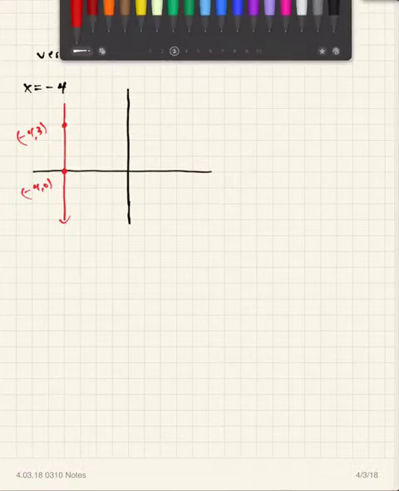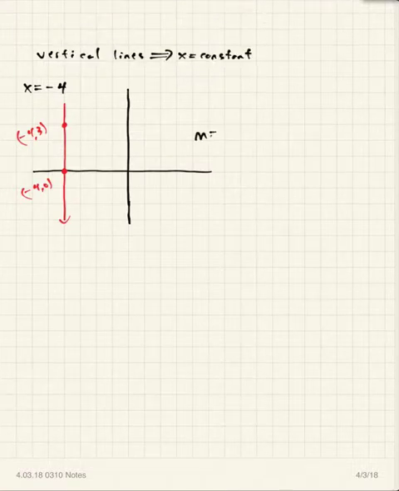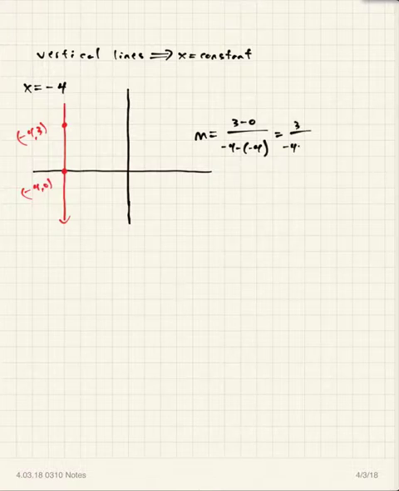So if I use the slope formula here, you get y2 minus y1, so that would be 3 minus 0 over x2 minus x1, so this is -4 minus -4. So in the numerator you get 3, but the denominator is -4 plus 4, and so the denominator is 0. So you get 3 divided by 0 here. Or if you had subtracted in the other direction, you would have gotten -3 divided by 0.